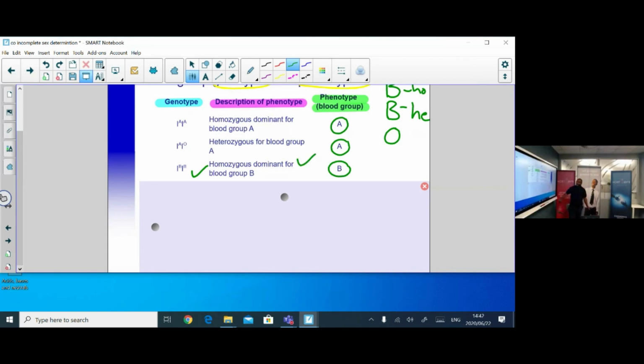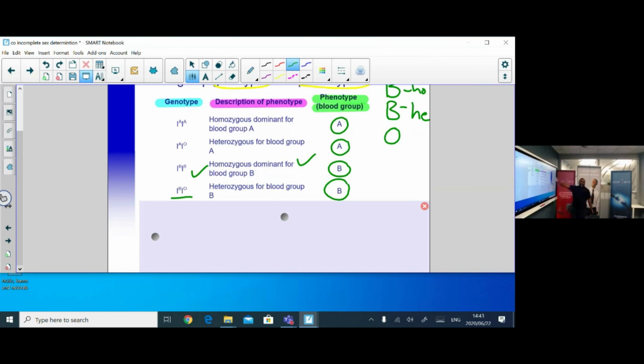I want to think so. Next one. If B is in a heterozygous condition, it's I^B i. You get it right and write heterozygous for blood group B. But what do we see as the phenotype? It's blood group B.